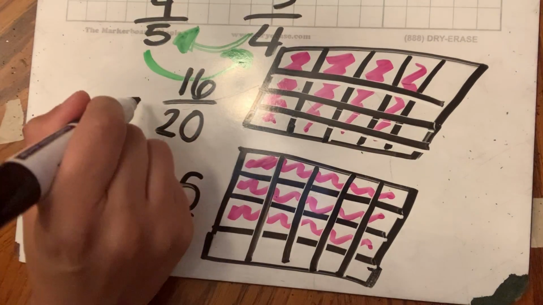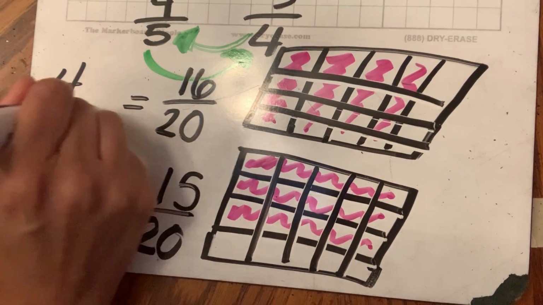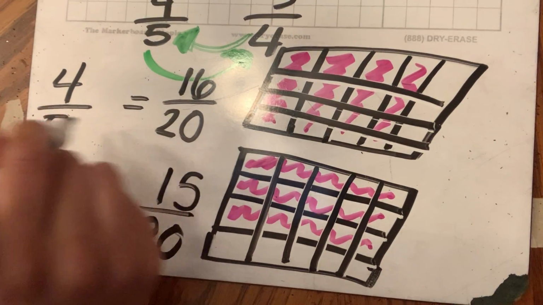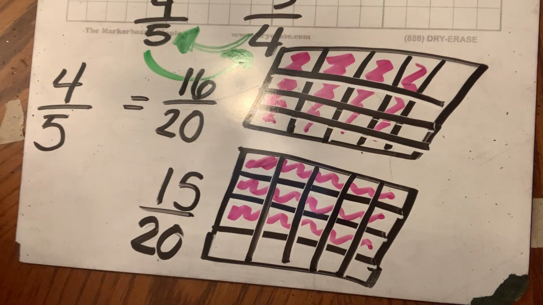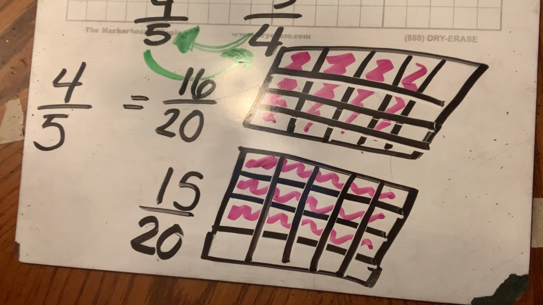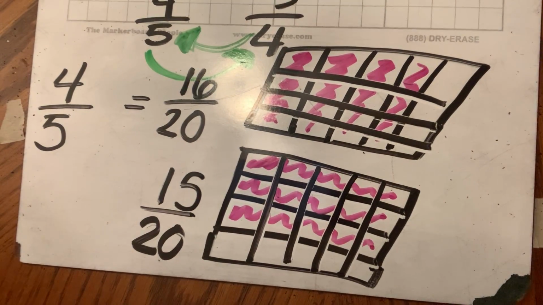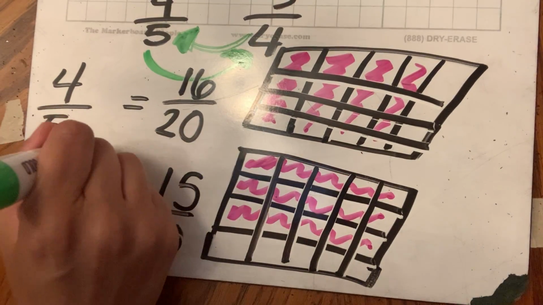So I know that 4/5 is equivalent to 16/20, right? And why? Because we did our area model, but we also know that we could multiply. What did we multiply by?